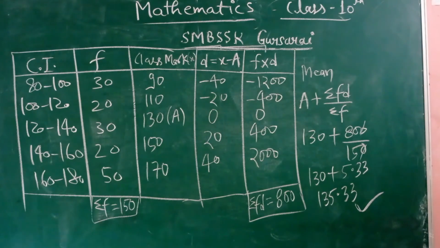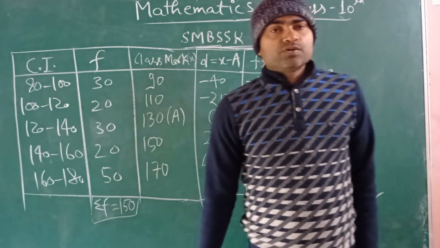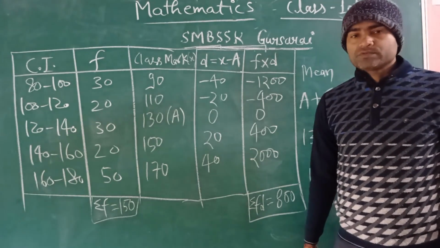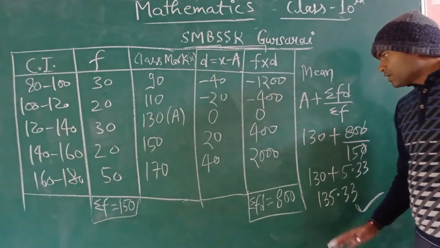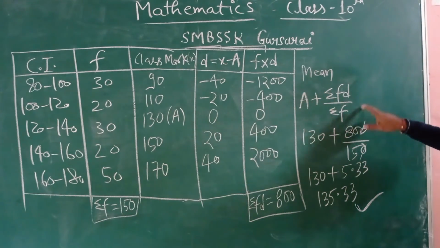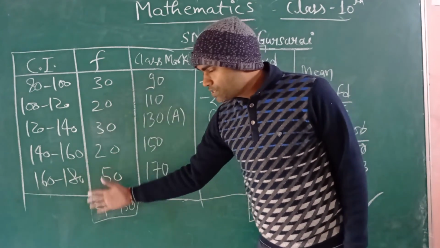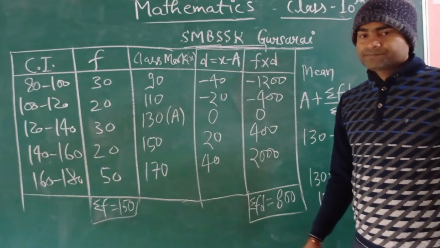Complete it by yourself, and I have given you hints by solving these two questions. Practice more and more questions by the assumed mean method, at least 4 or 5 questions by the same method, and you will be clear about this formula and this concept also, because as the class interval increases, the usefulness of this method also increases.